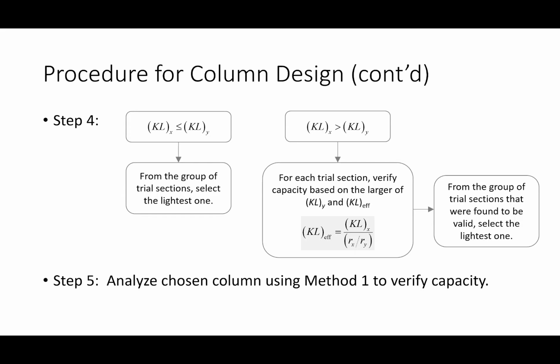And then from this group of trials, select the lightest. So it's possible that we pick like 4 trial sections and maybe only 2 of them work once we check the strong axis. Once we get the lightest one, we're going to verify its capacity. And we're going to verify it using method 1, computing it using the equations.